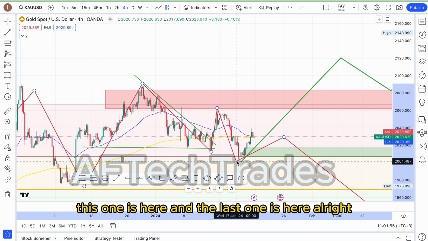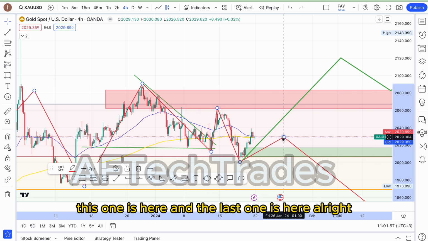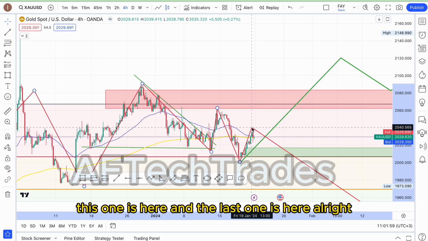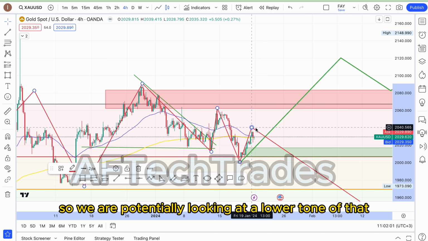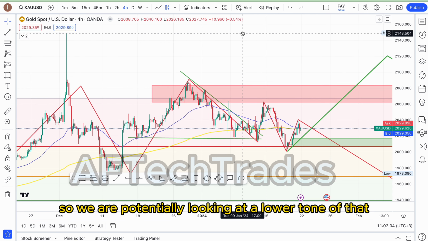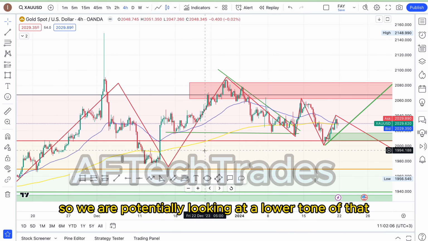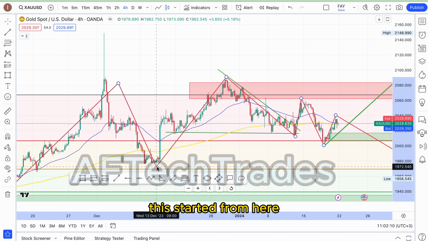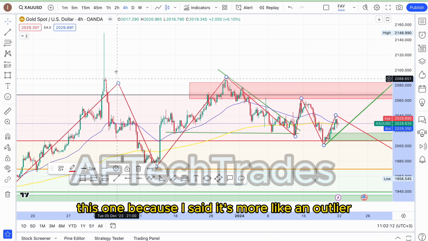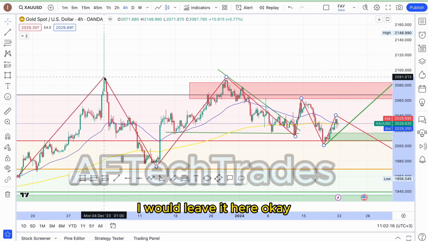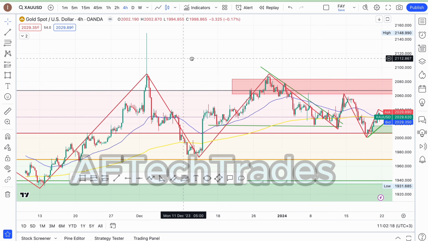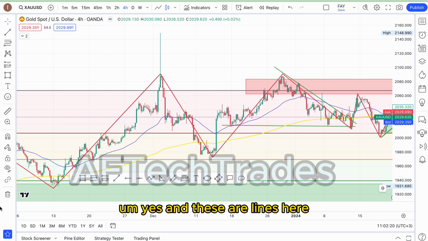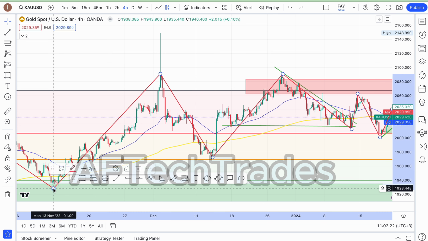This one is here, and the last one is here. All right, so we are potentially looking at a lower turn of that. This started from here. This one, because I said it's more like an outlier, I would leave it here. Okay, yes, and this aligns here.